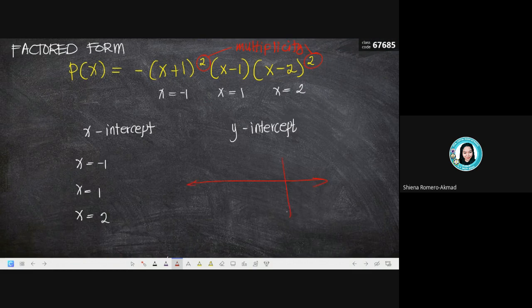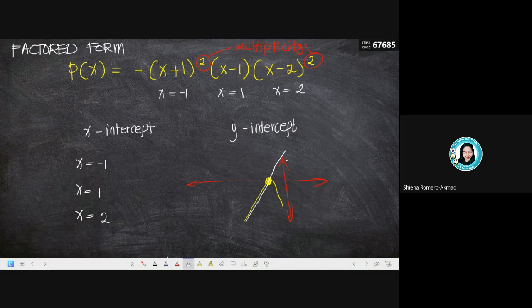So, if this is your graph, may -1 ka dito, dadaan siya dyan ng 2 beses, isa, dalawa. So, kung dadaan siya dyan ng 2 beses, magta-touch lang siya. Pero, kung odd yung multiplicity, di lang siya basta magta-touch, kundi magko-cross siya.